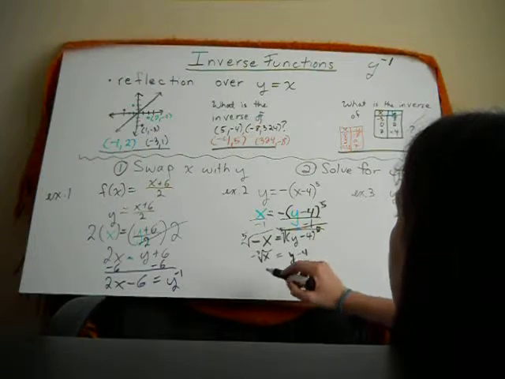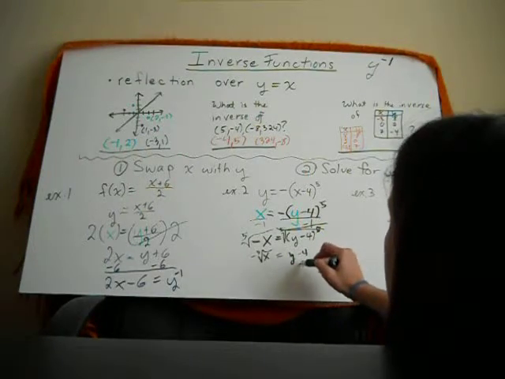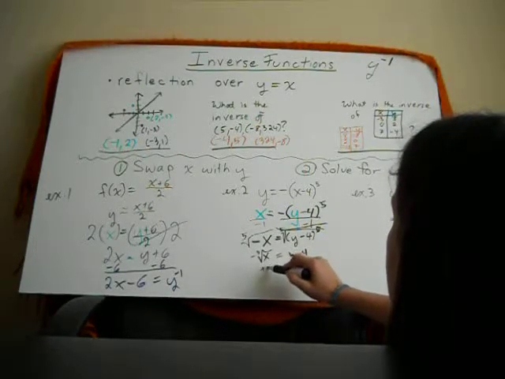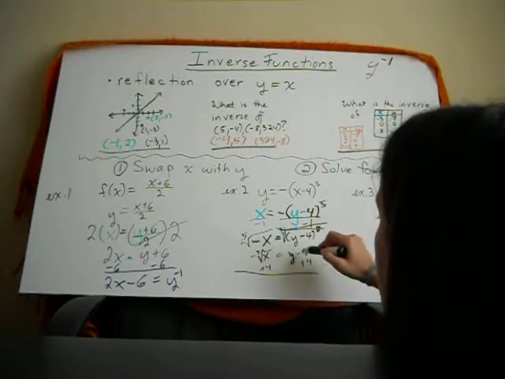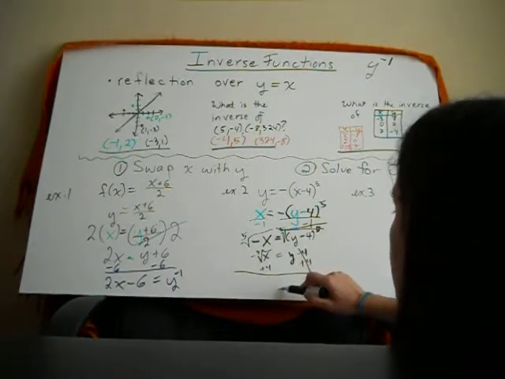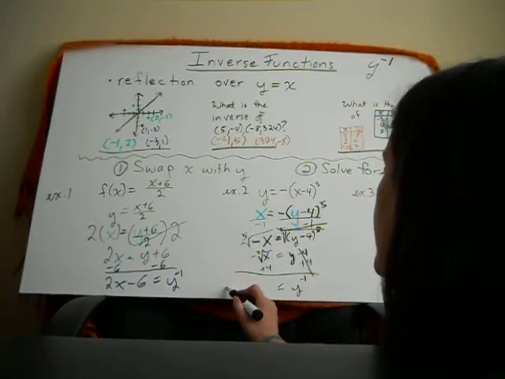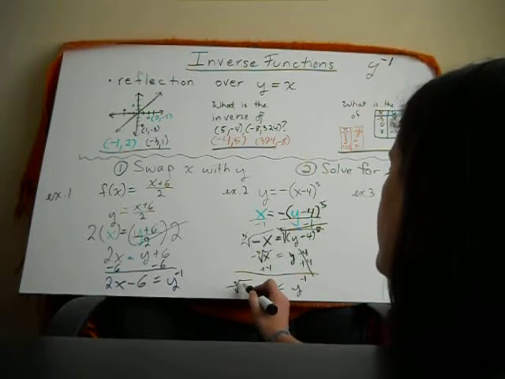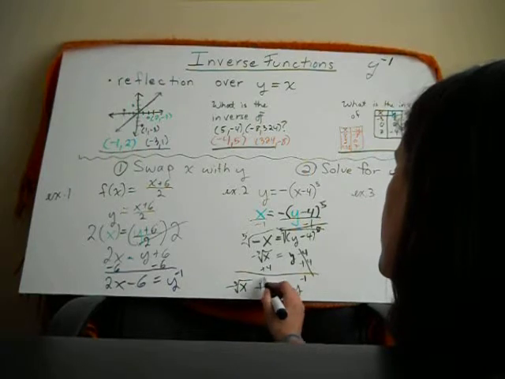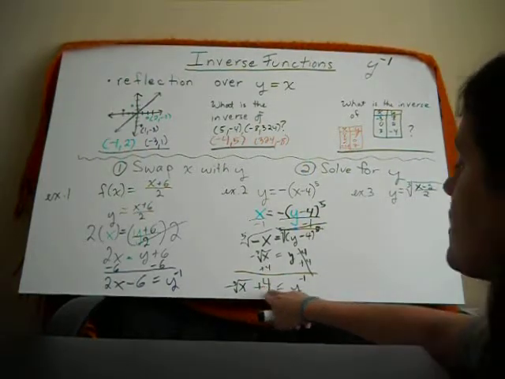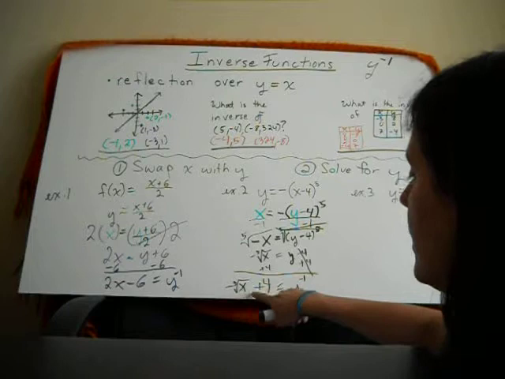And then I'm just going to add 4 to both sides, to get that y inverse is equal to the negative 5th root of x plus 4. And it's very important that you understand that plus 4 is not underneath the radical at all. It's outside.